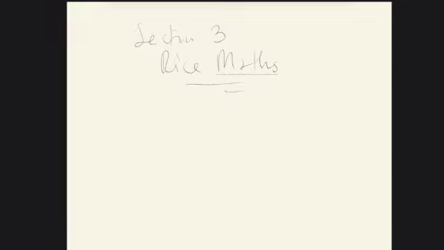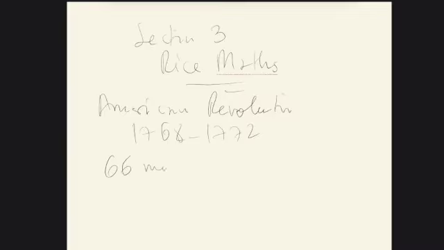On the eve of the American Revolution, let's say 1768 to 1772, the Carolinas produced on average 66 million pounds of rice per year.